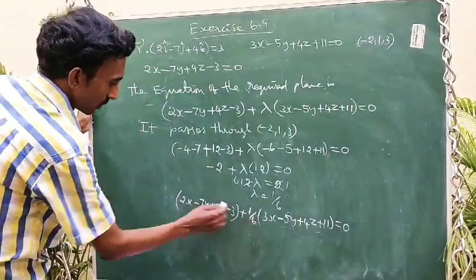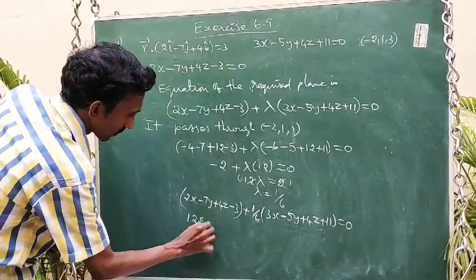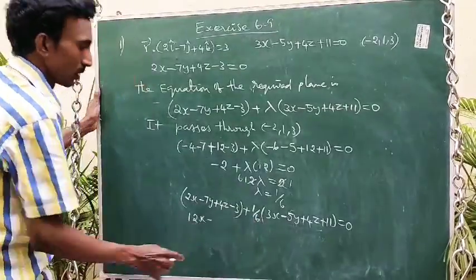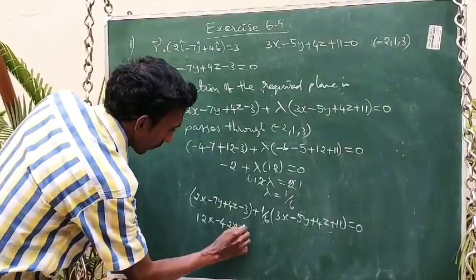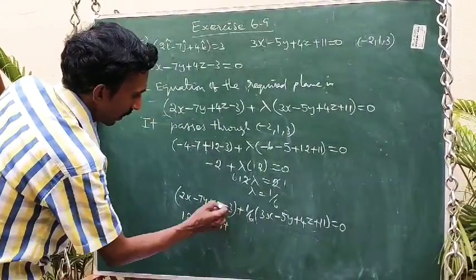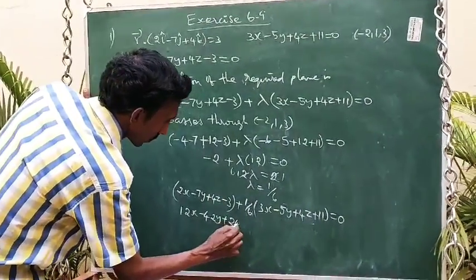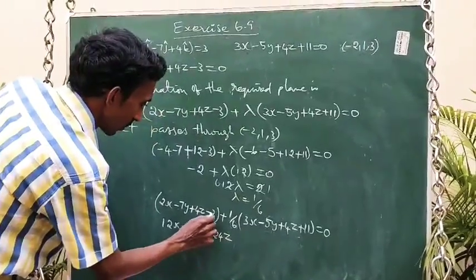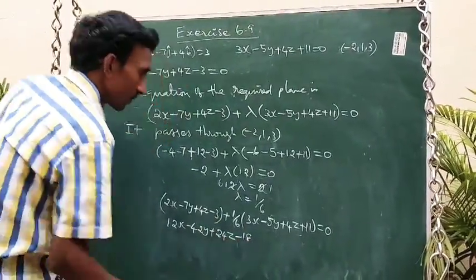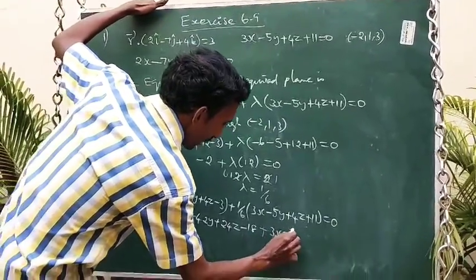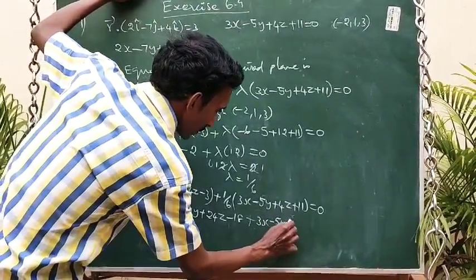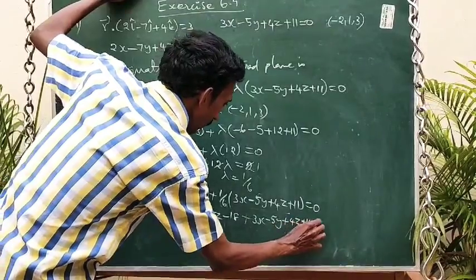So multiply: 12x minus 42y plus 24z minus 18 plus 3x minus 5y plus 4z plus 11 equal to 0.